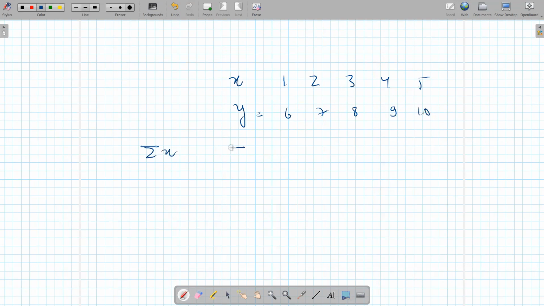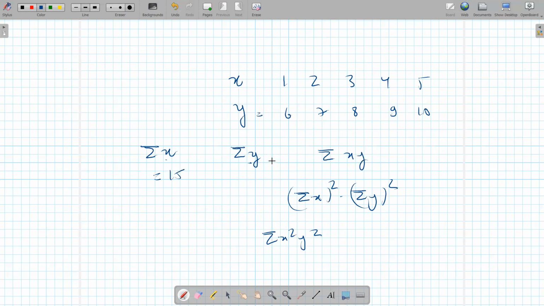Find summation x, summation y, summation xy, summation x squared times summation y squared, and summation x squared y squared. These two are easy, right? You just add all of them up. So that will give you 15 for this. And this one is 6 plus 7 plus 8 plus 9 plus 10. That is 40.